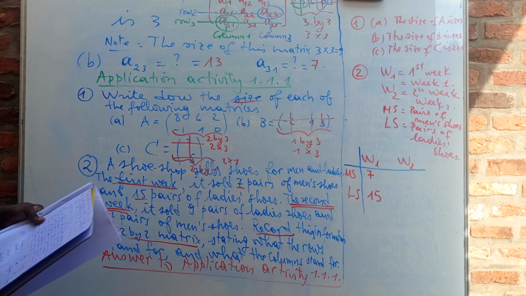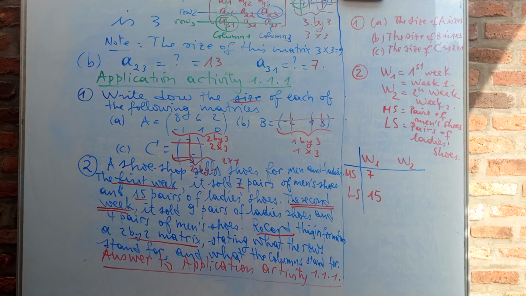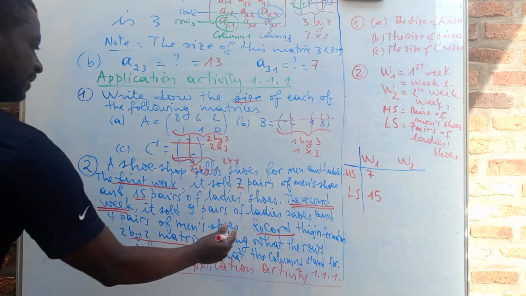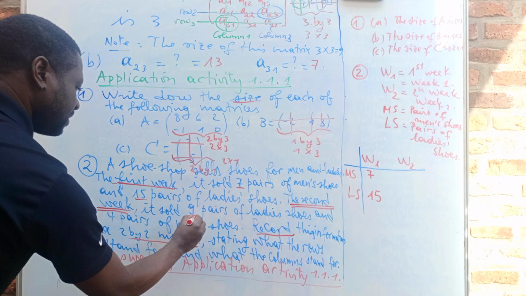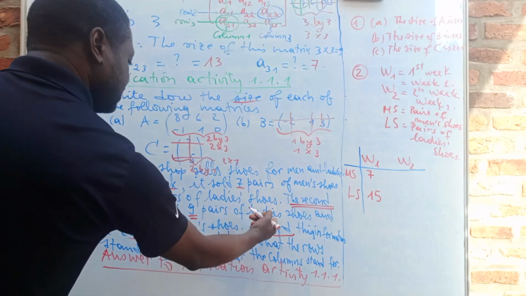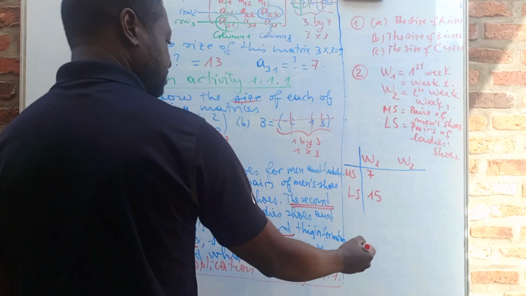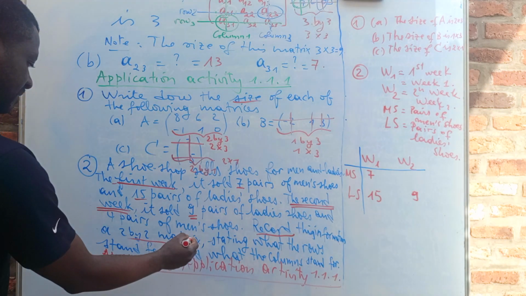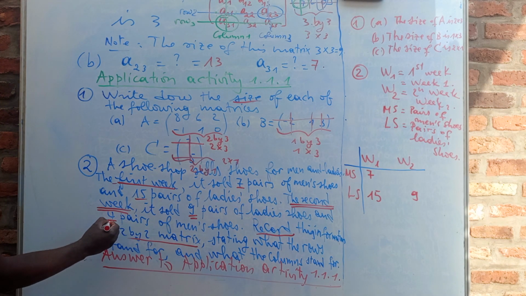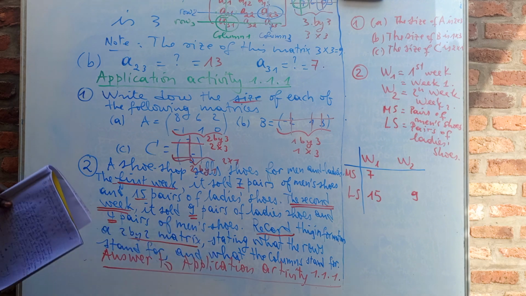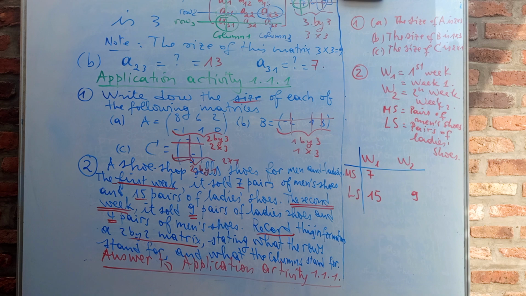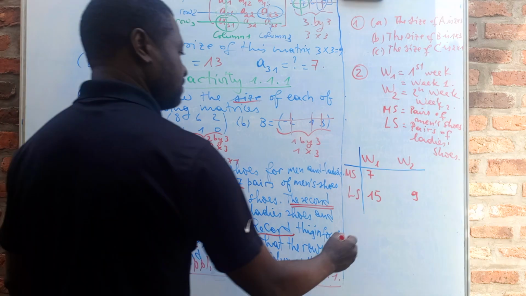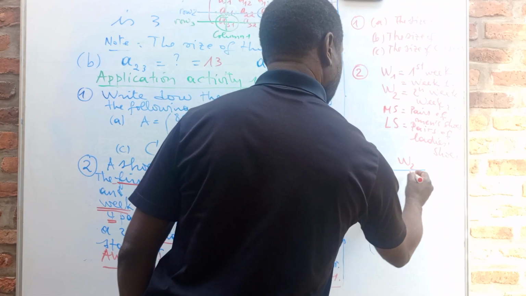So in the second one we have 9 pairs of ladies' shoes. And what is 4? 4 is the number of pairs of men's shoes which were sold in the second week. So we have 4 right here.